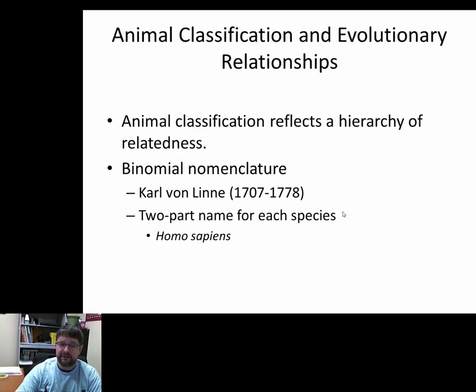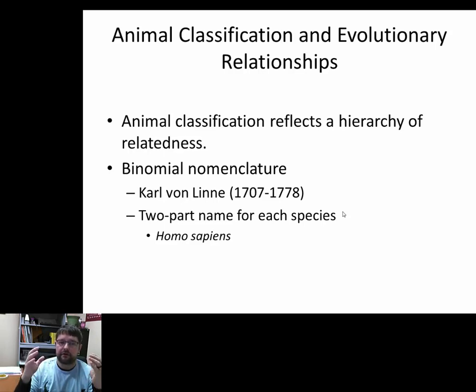Carl von Linné came up with what we call the binomial nomenclature. This was after the time of Carolus Linnaeus, who came up with the hierarchical ranking of organisms: kingdom, phylum, class, order, family, genus, species. That's Linnaeus' system.